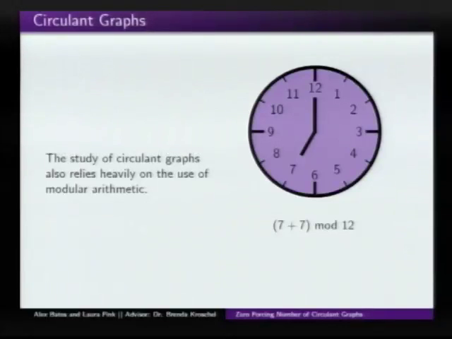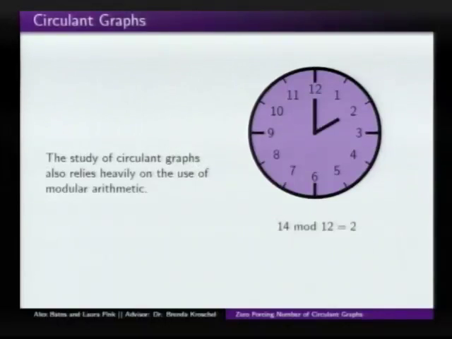Well, you add 7 to 7 and then that's 14 o'clock. But unless you're on military time, that doesn't make sense. We subtract 12 from it to then get 2 o'clock. So whenever we say mod, what we're doing is we're just subtracting multiples of whatever number is on the right-hand side of mod. And so in this case, 14 mod 12 is equal to 2, or 7 hours plus 7 a.m. is 2.